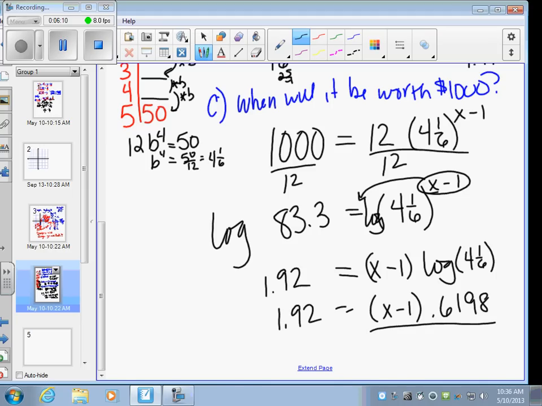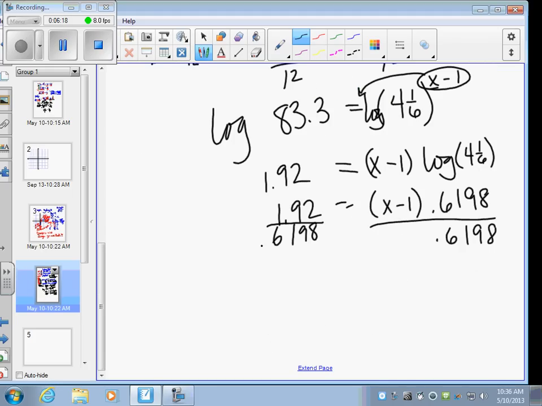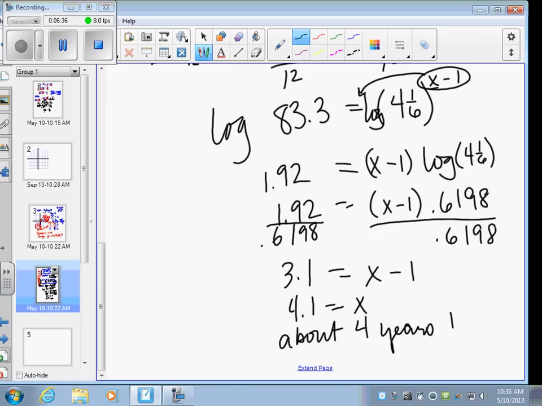And so now I'm just going to go ahead and solve it because I no longer have anything tricky in there for x. So 1.92 divided by 0.6198 is about 3.1, and then add 1 to both sides. So I would say about 4 years from now.